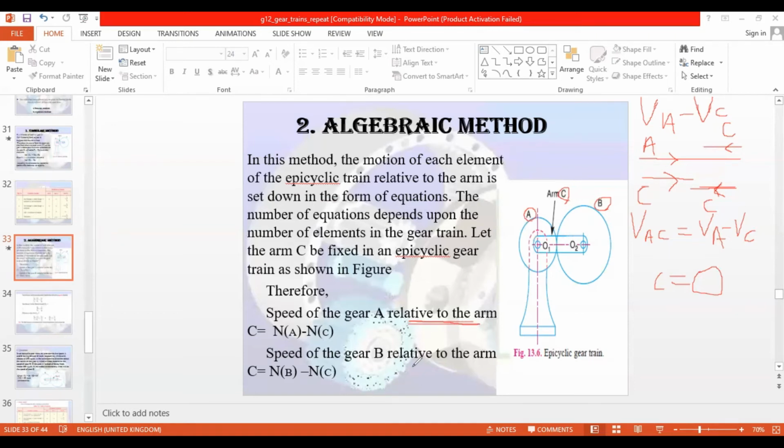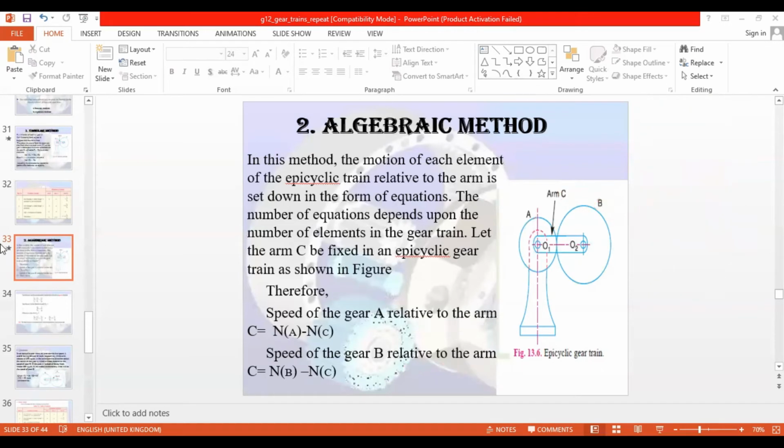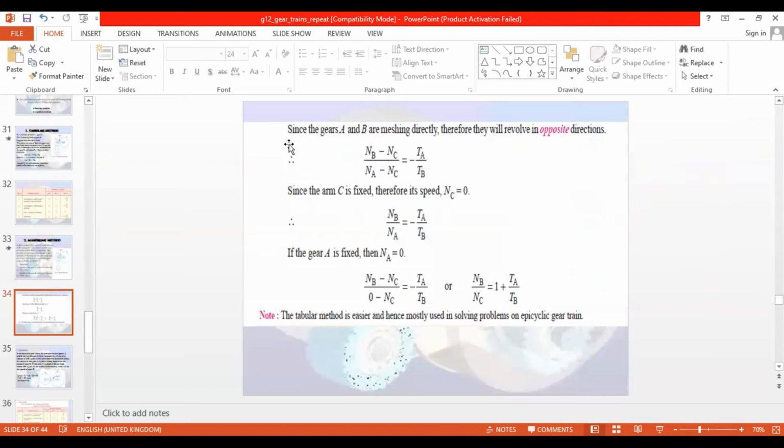Since this is relative velocity, that is NB minus NC. So this is the speed of gear B relative to arm C. Now I have found the speed of gear A relative to arm C, and the speed of gear B relative to arm C. All right, so I have two equations now. Now we will put them over here in the equation.